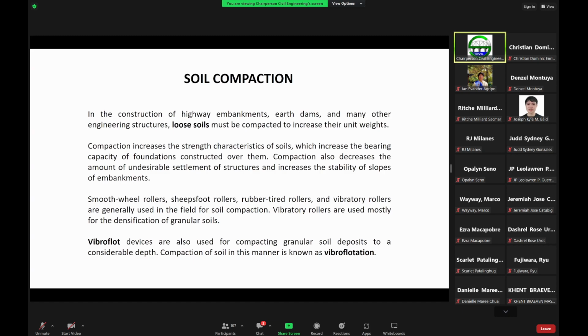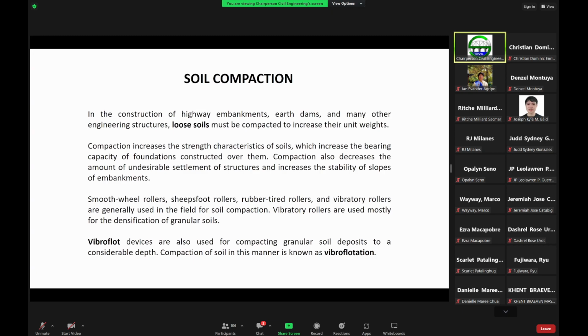But that's the purpose of embankments. So when we create earth dams, highway embankments, and many other aspects of construction, when we encounter loose soils, these loose soils must be compacted to increase their unit weights.